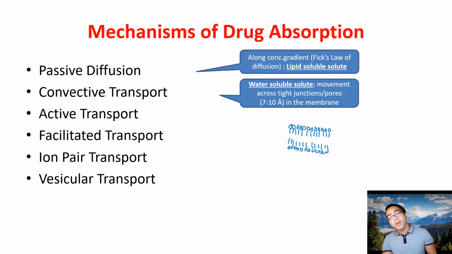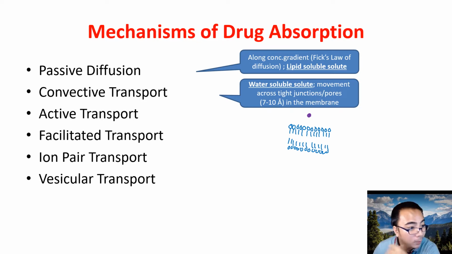Looking at this mechanism, if this is the drug and it's highly water soluble, we know that if a drug is highly water-soluble, it will have difficulty dissolving in the lipid cell membrane. It cannot cross the cell membrane.